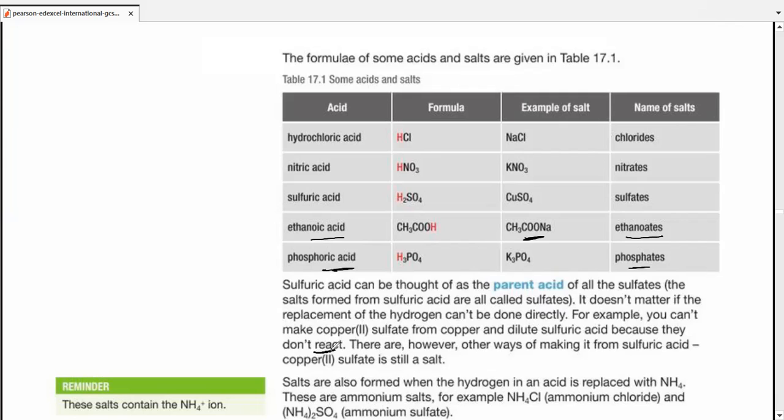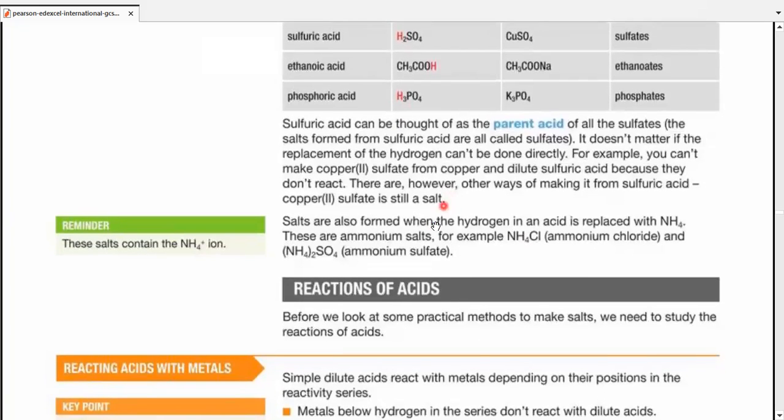As we know from the metal reactivity chapter, the reactivity of copper is too low to react with dilute sulfuric acid directly. There are, however, other ways of making it, such as taking a copper(II) oxide solution and reacting it with sulfuric acid. It would still form copper(II) sulfate, which is still a salt.